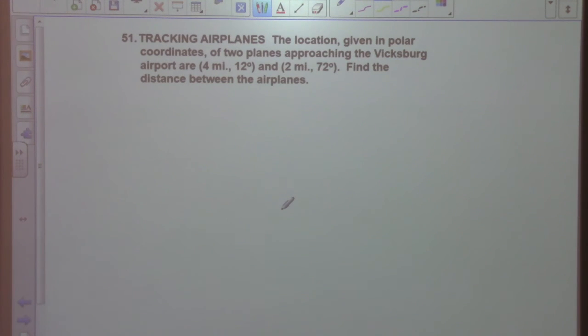So again, what we have here is our equations x equals r cosine theta and y equals r sine theta. And these are given in polar coordinate form.